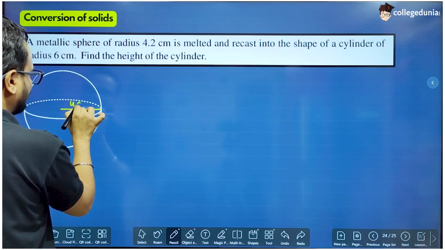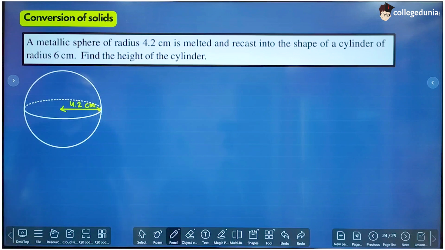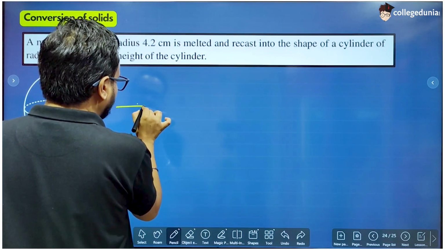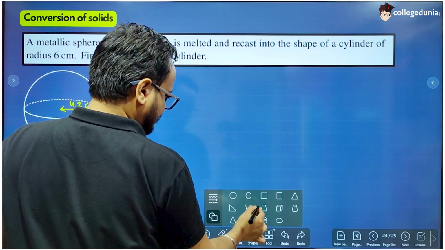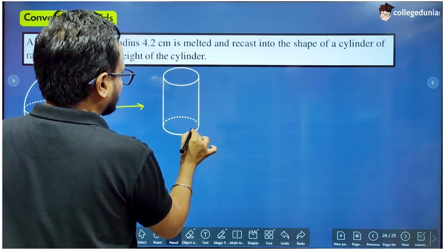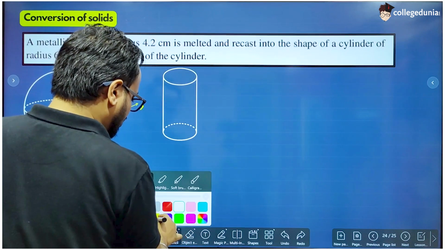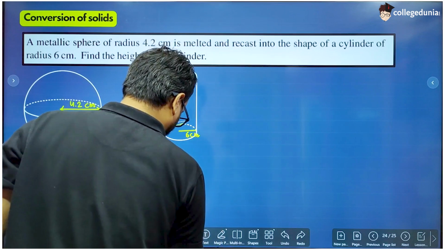It is melted and recast into the shape of a cylinder of radius 6 centimeter. It is melted and a cylinder is formed whose radius is 6 centimeter.